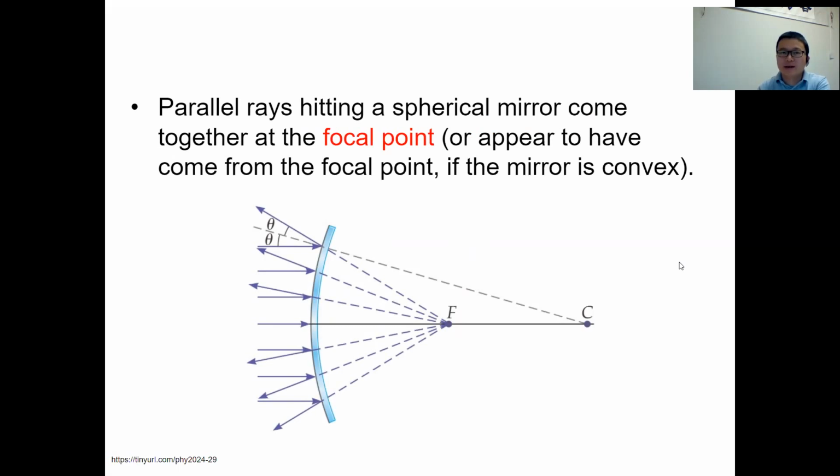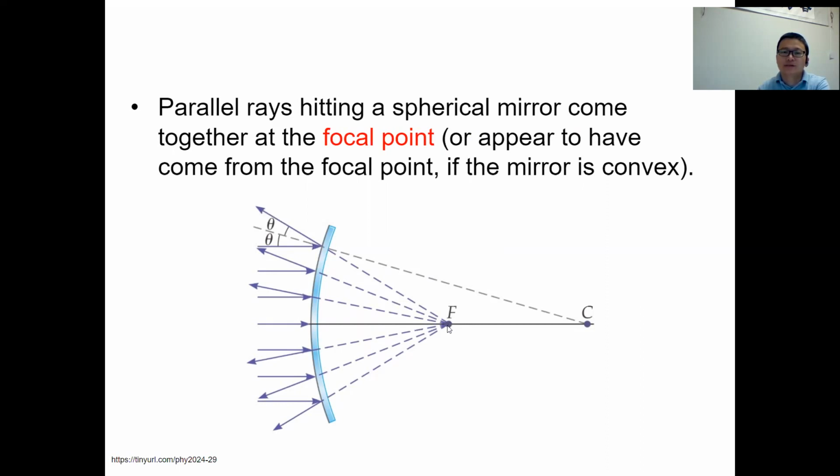So if you have parallel rays hit the spherical mirror, in the case of a convex mirror, then the parallel rays hit the mirror, and they will be reflected according to the law of reflection. You'll see theta equal to theta. Okay, so then it will appear that these reflected rays will meet at the focal point behind the mirror over here.